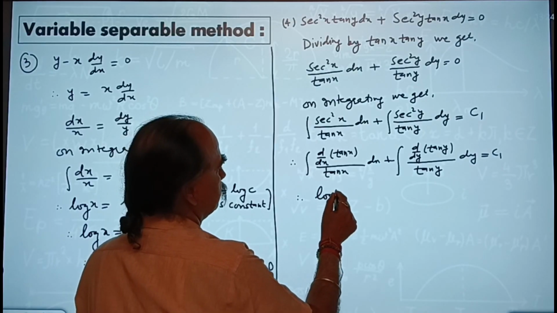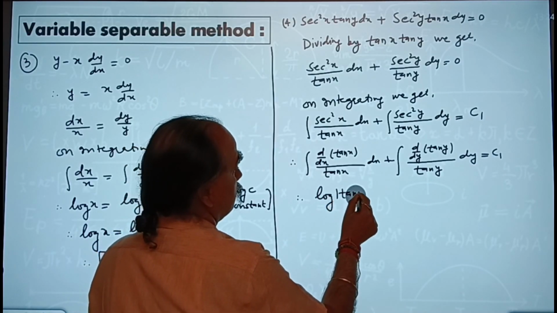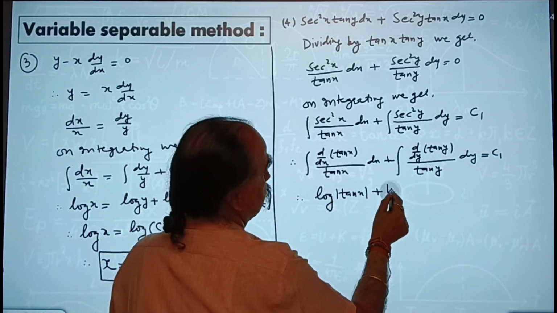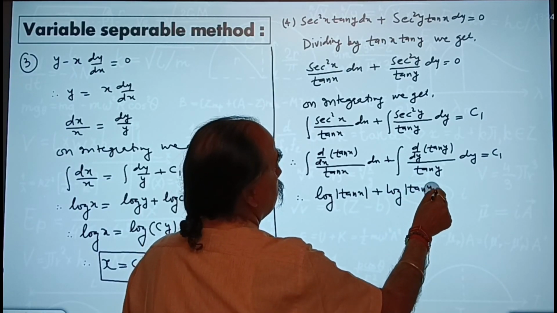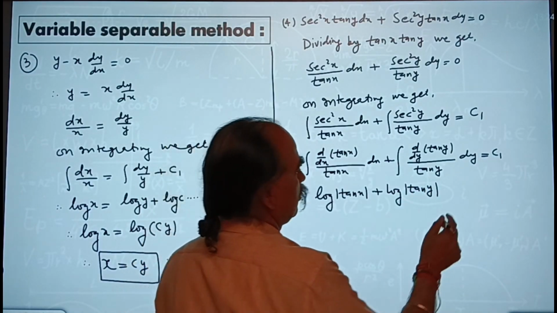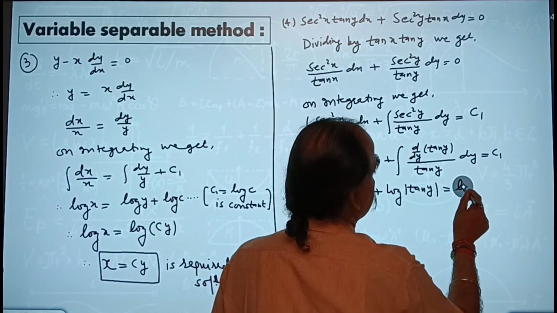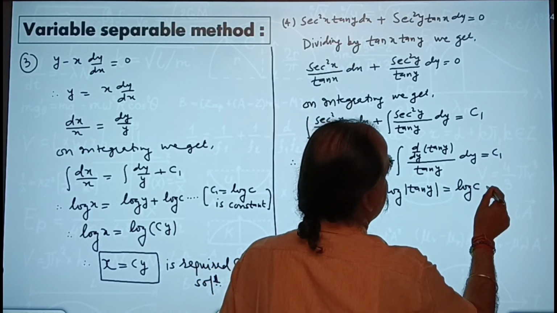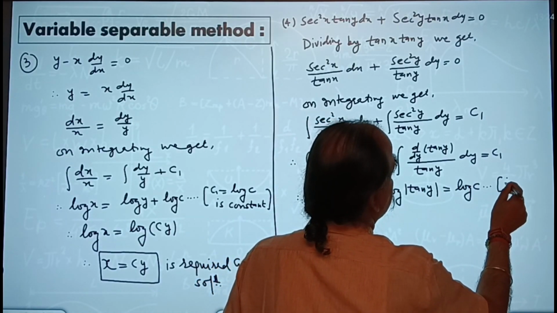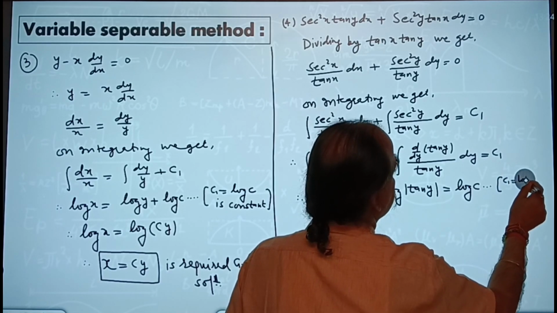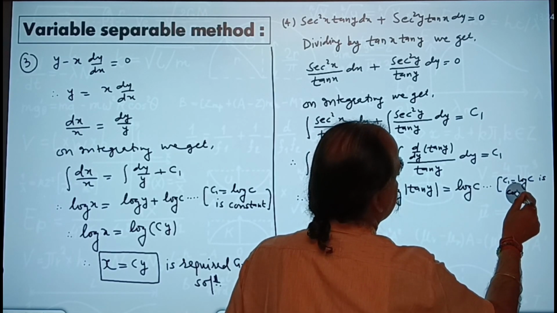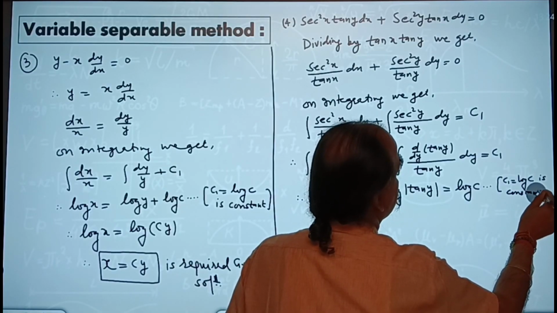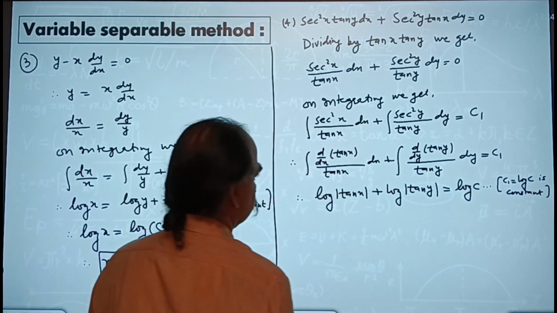Log f x. So log tan x plus log tan y. c1 can be replaced by log c. c1 is equal to log c, where c is a constant.